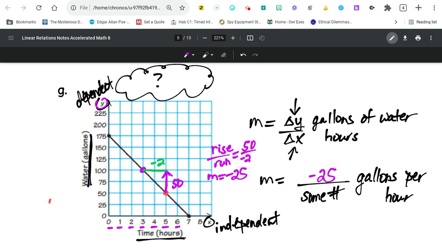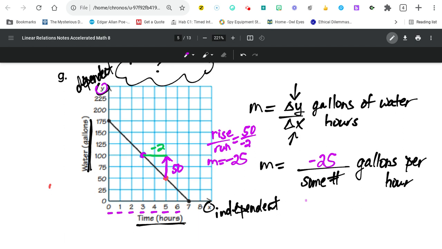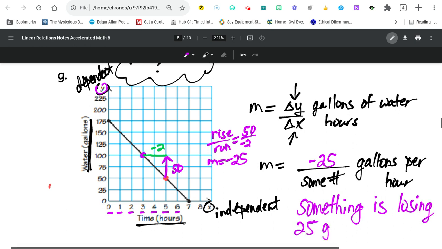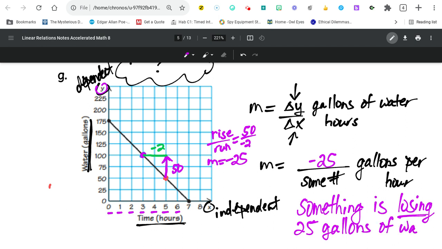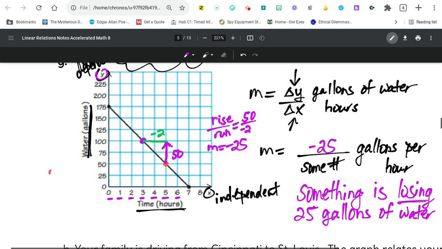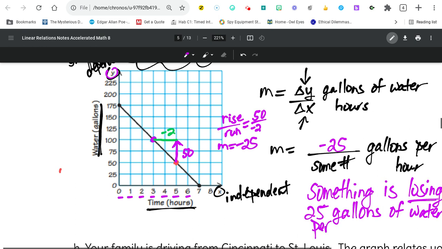-25 gallons per hour basically means something is losing 25 gallons. I'm going to say losing because I'm not going to put the negative on it if I use the word losing. Something is losing 25 gallons of water per hour.